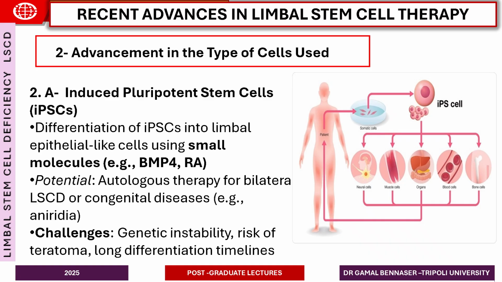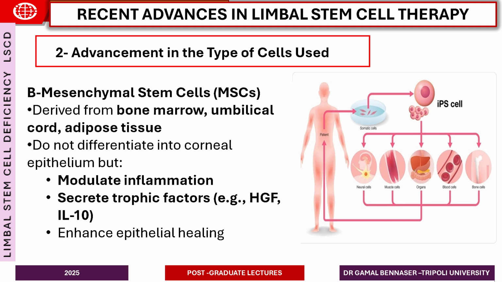However, as you know, for any genetically programmed cells, these cells carry the risk of instability and the risk of transformation to malignant cells, and they might also undergo some immunological changes. So this field is still growing, but as I said, it is not completely FDA approved.